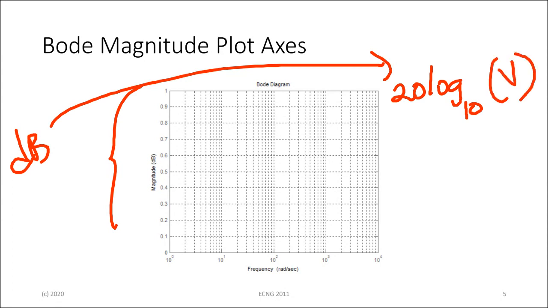Really and truly, the value is technically a ratio, the value over 1, and log of 1 is 0 when you simplify it out. So it doesn't complicate matters. But to convert a raw number to a decibel, it is 20 log to the base 10.